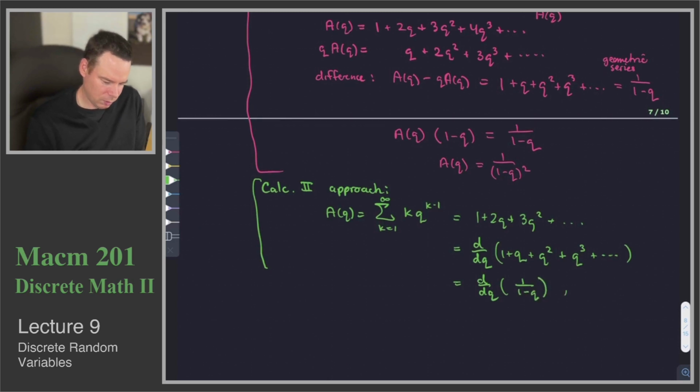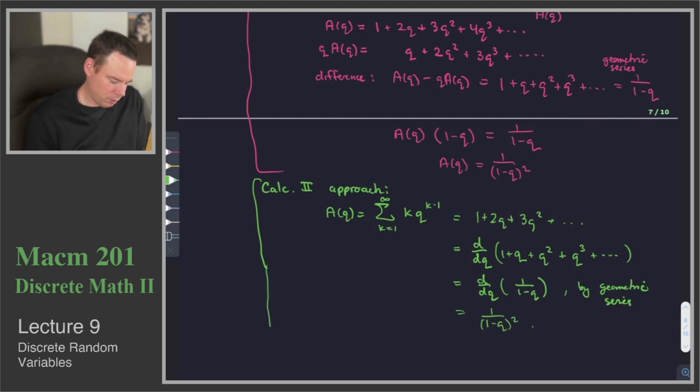So here I've used the sum of a geometric series. And in which case, when I take the derivative of that, I can use the quotient rule, or I can use the power rule. I can think of it as 1 minus q to the negative 1, in which case what I get is 1 over 1 minus q all squared.